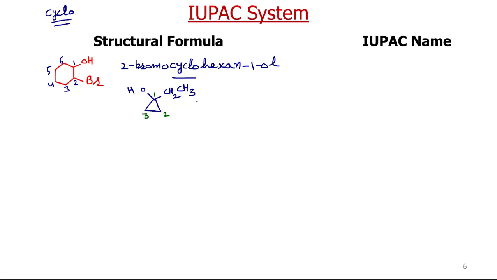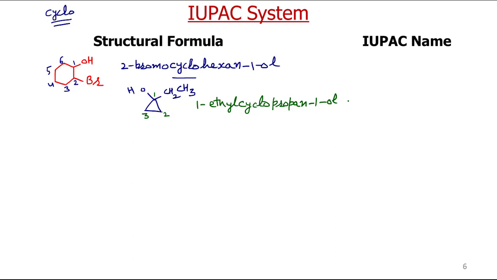So its name will be 1-ethyl cyclo. It contains 3 carbon atoms, so the name will be propane, cyclopropane 1-ol. So that will be its IUPAC name.